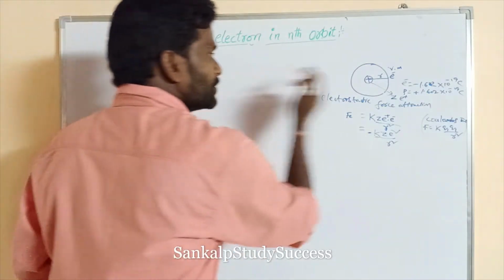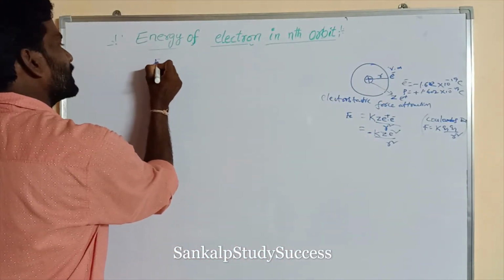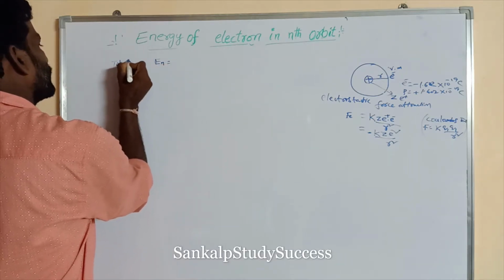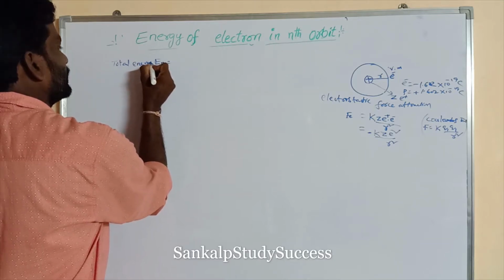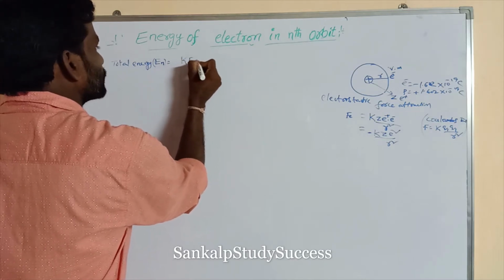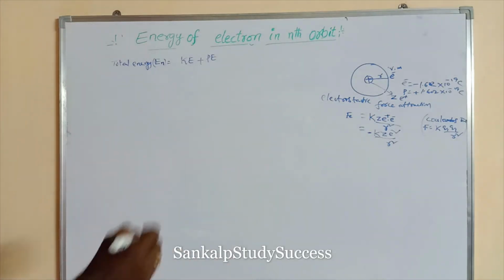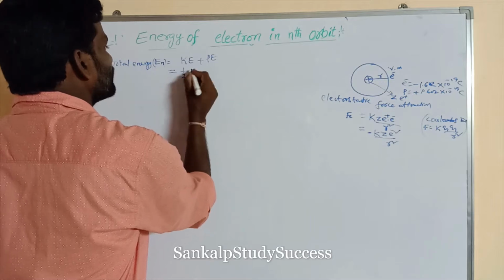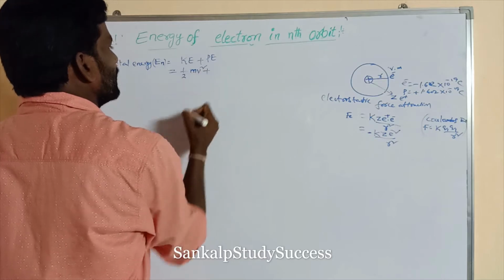The total energy of electron in nth orbit, En, is equal to kinetic energy plus potential energy. We know that kinetic energy KE is equal to half mv square.